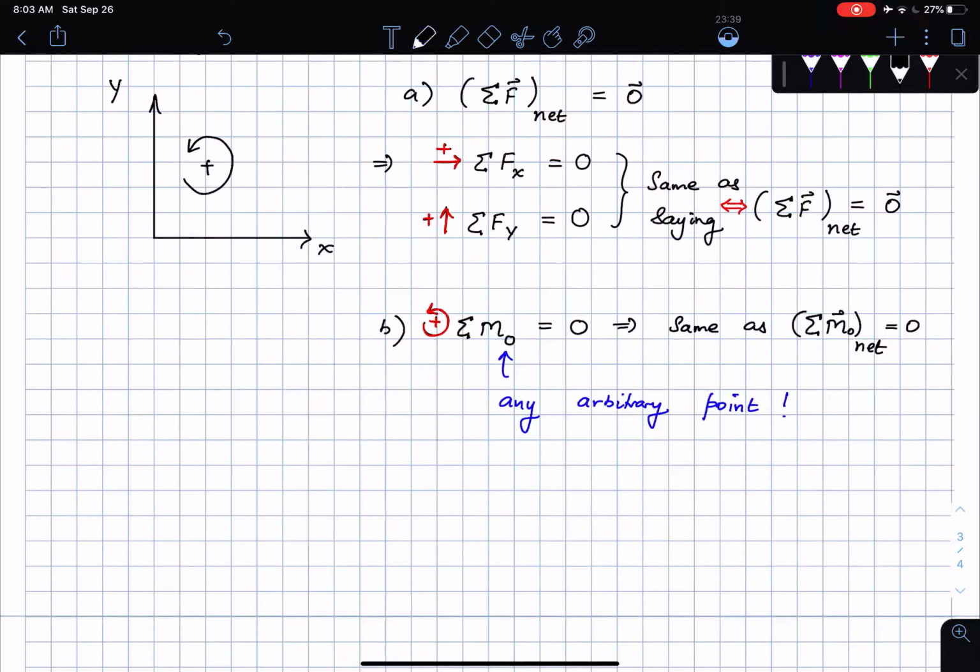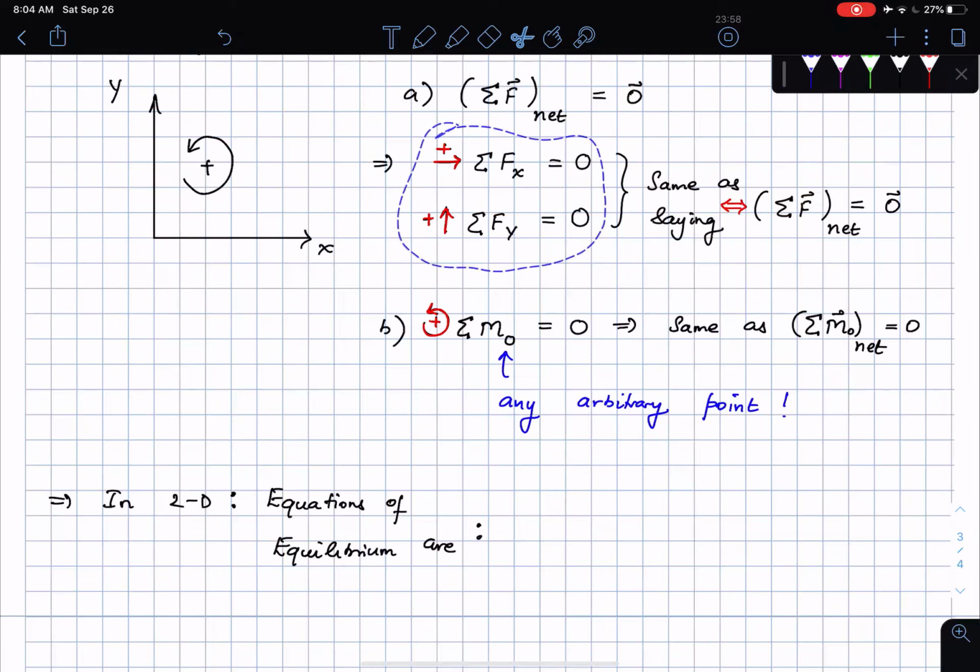So in 2D, here are the equations of equilibrium. I'm going to take these two from here. This implies no translation.